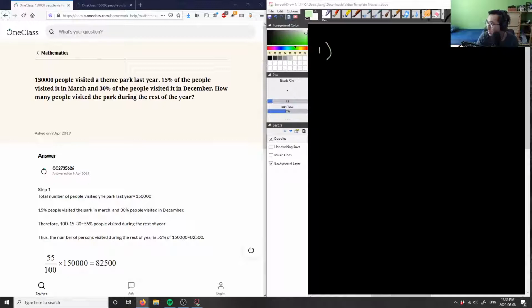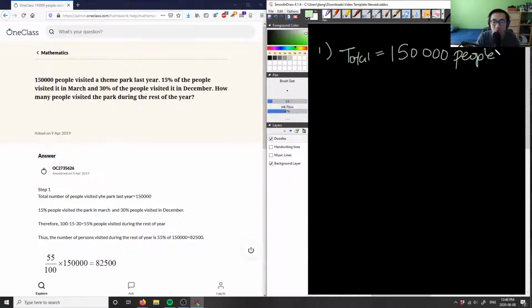Let me just highlight this for us here. So what do we have here? So we have 150,000 people visited a theme park, and 15% of the people visited in March and 30% visited in December. So let's write this information down. So the total amount of people is going to be 150,000 people, right?